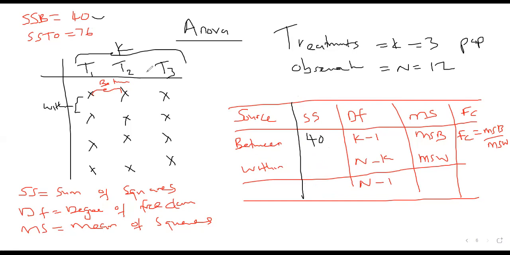The sum of square total is 76. Then within is just the difference, because the totals must add. So 76 minus 40, what do we get? 36, right?